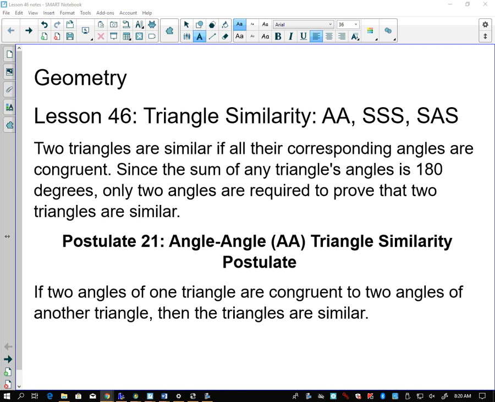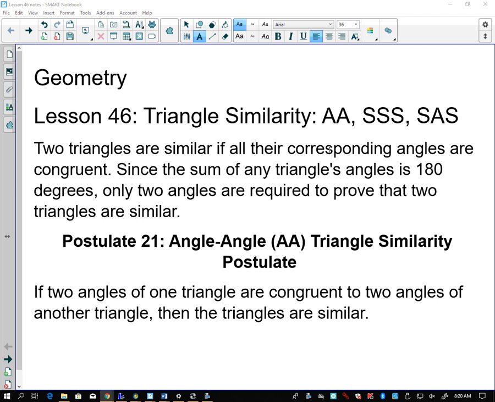We could have two, we could have three, but we have to have at least one. In similarity, I don't have to have a side, because we're not trying to prove that two sides are congruent. All we need is proportions. That's what we'll see with the SSS and the SAS, proportions, not congruence. But at the very least, angle.